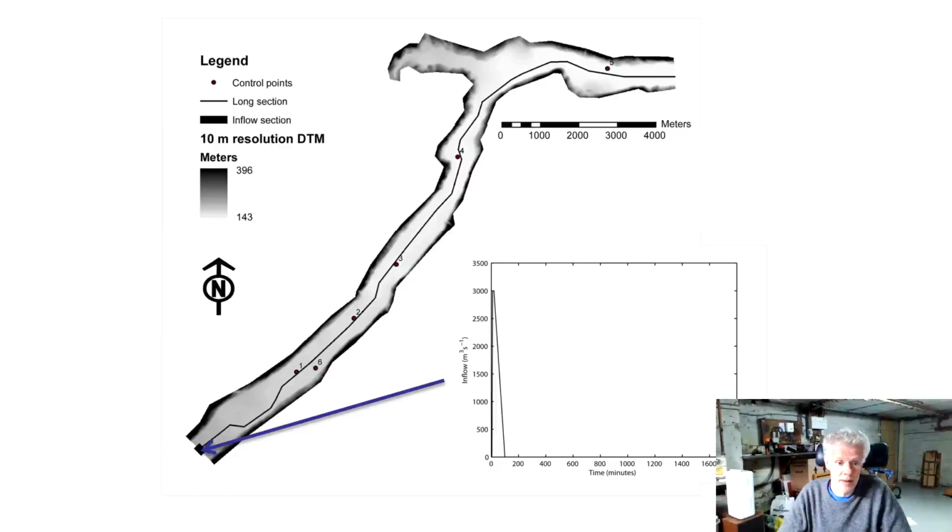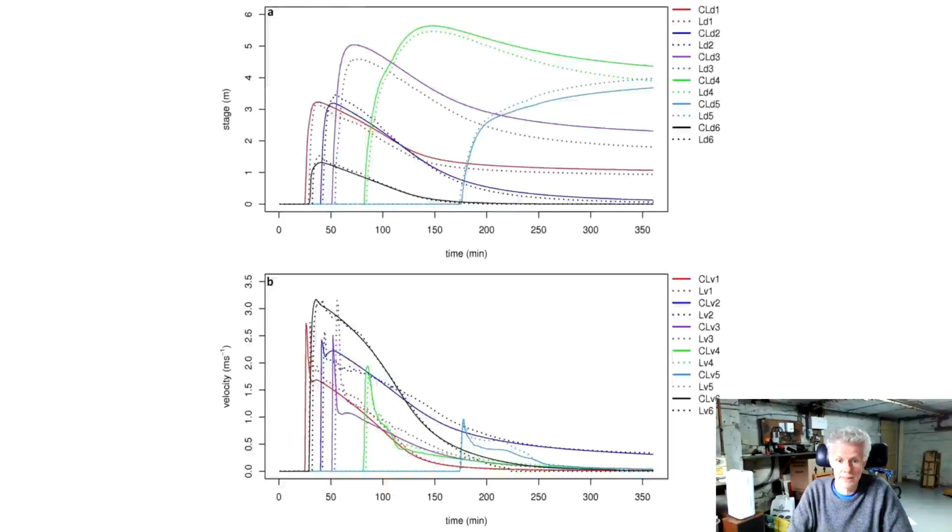Here's an example from some benchmarking study where we have a dam break or a massive release, which is this hydrograph on the bottom here of an inflow of 3,000 Qmax, 3,000 metres cubed. And each one of these red dots, 1, 2, 3, 4, 5, 6, represents a gauging station down this valley.